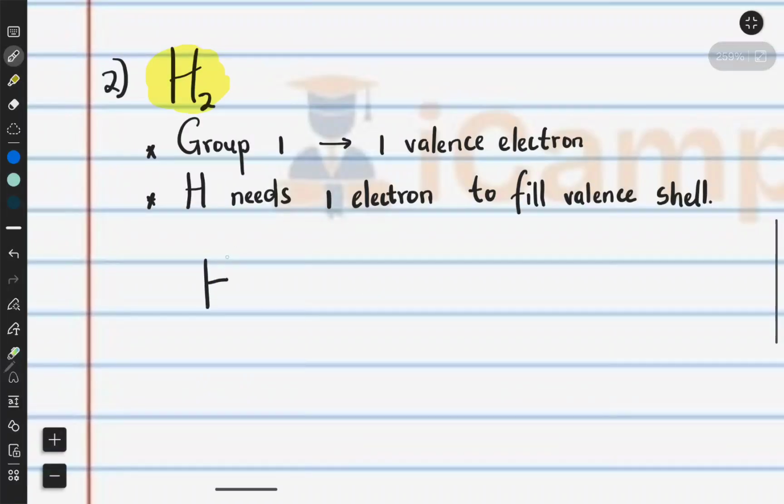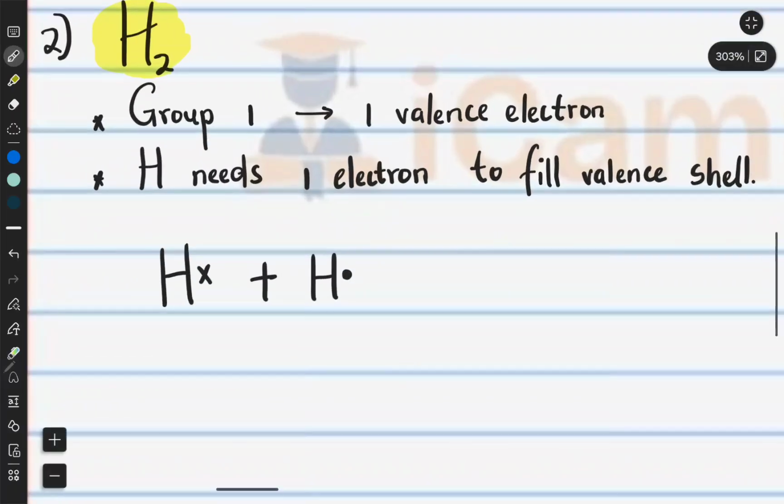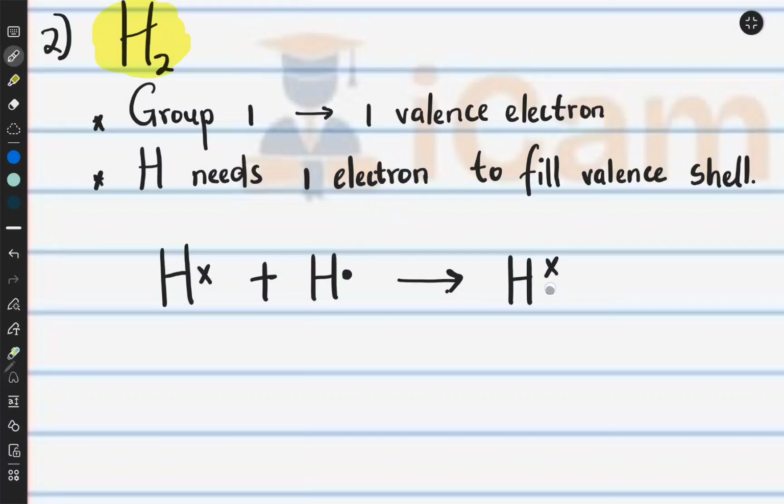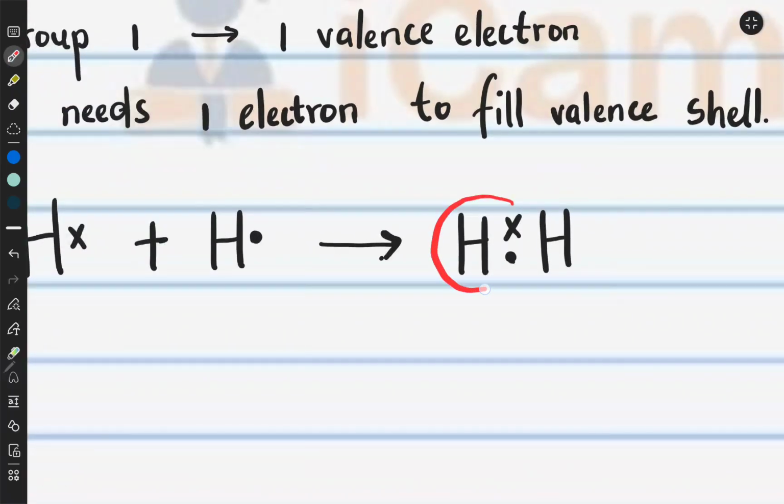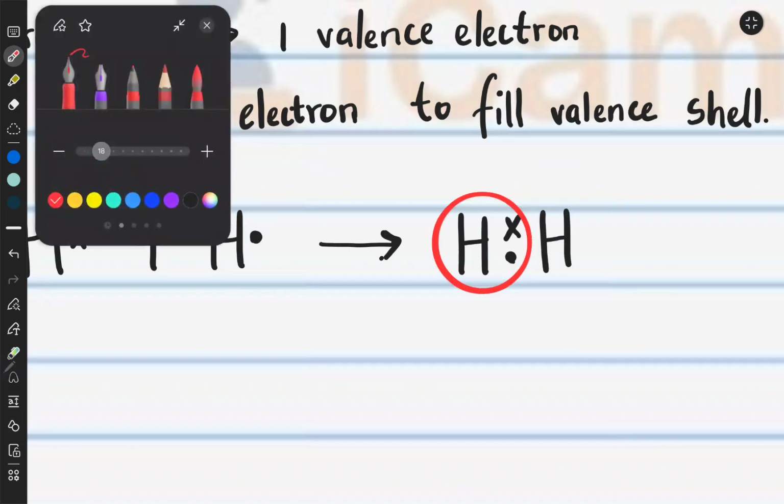So you'd have a hydrogen atom meeting another hydrogen atom, right? You can put it here. No, this is not good. Let's put it there, then let's put it here. And then these two will share such that both of them get to have 2 electrons in their valence shell. If we look at hydrogen 1 only, it has 2 electrons in its outer shell.